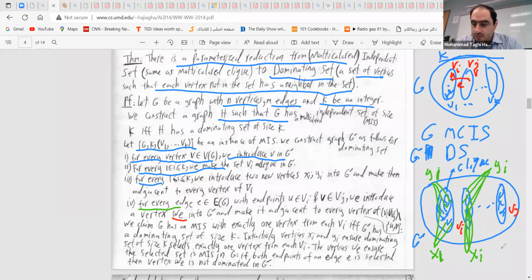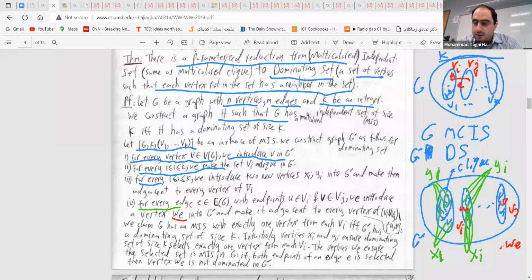So we are adding a vertex WE in G prime, and we make it adjacent to every vertex here. So there was this vertex U here, and the vertex V here.